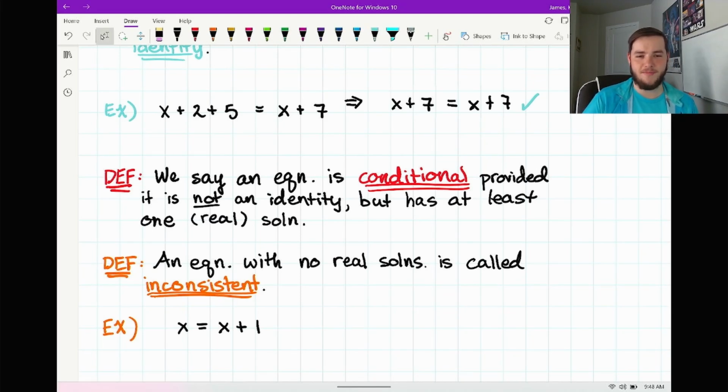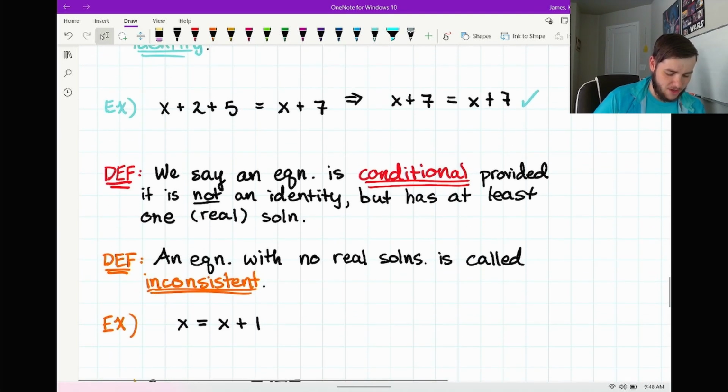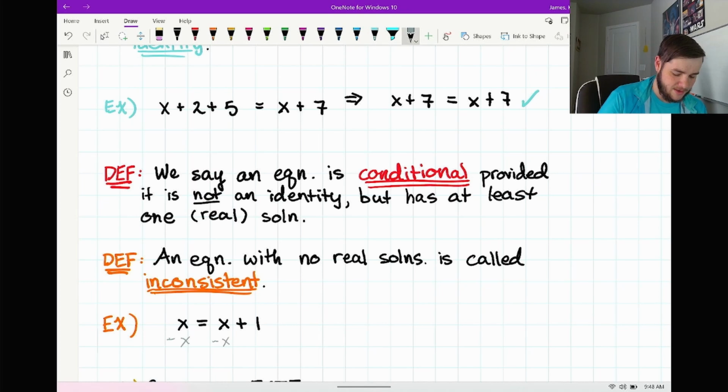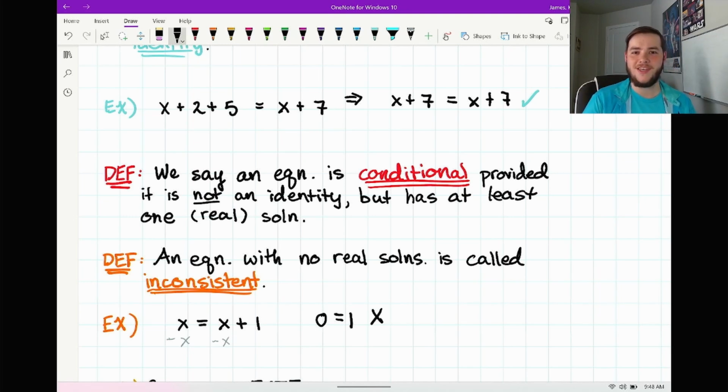There is no number that exists that is the same as when you add 1 to it. If it helps to see this more clearly, if I were to subtract x from both sides, I would arrive at the conclusion that 0 is equal to 1, which is never true. So this equation is inconsistent.